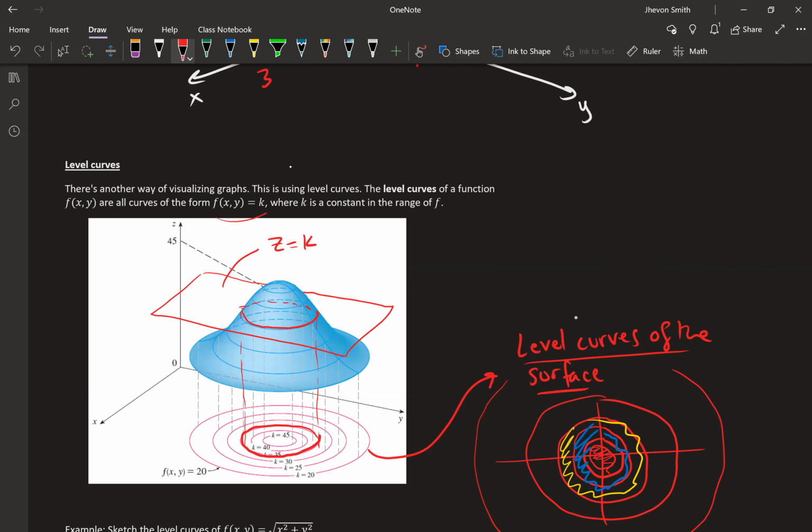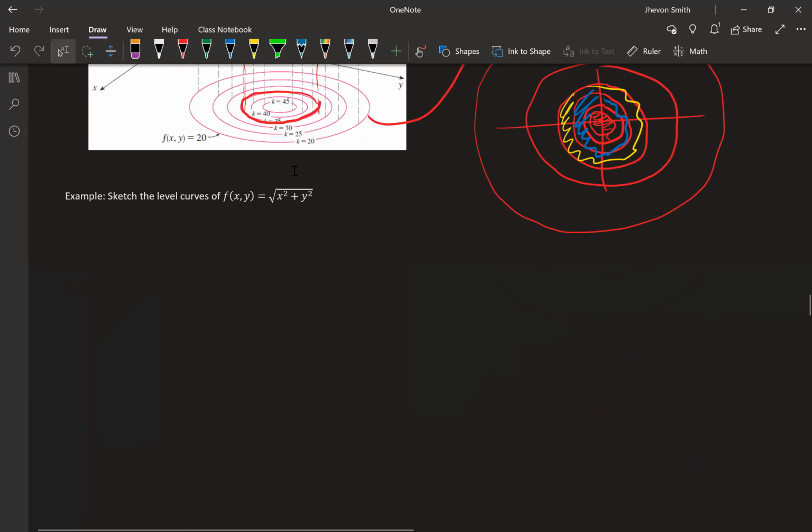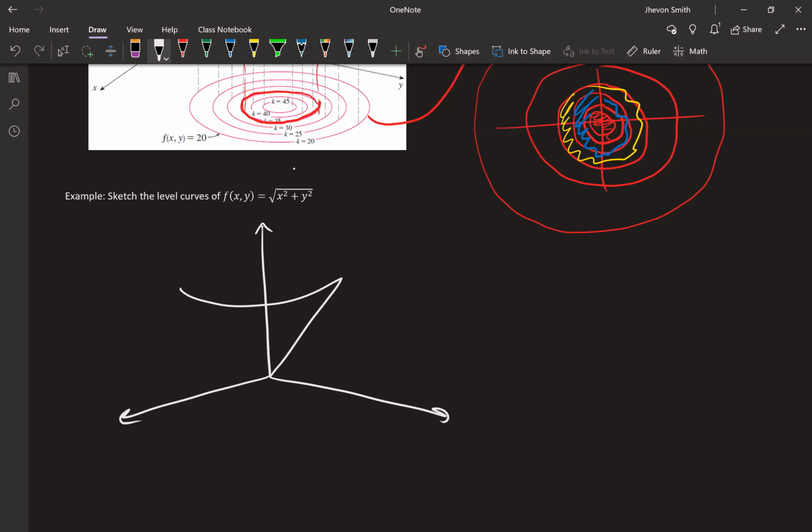So it's really when you set your function equal to a constant, and then you sketch whatever curve results from that. That is called a level curve. So here we can have this guy, and we can just set z equal to a constant.